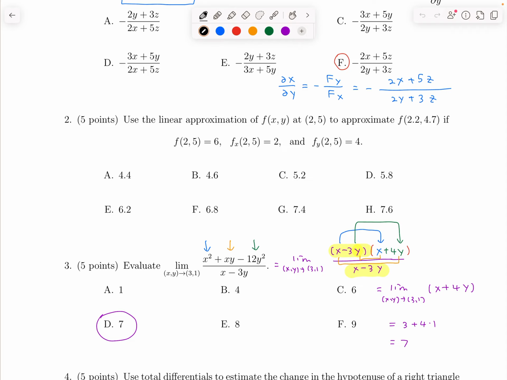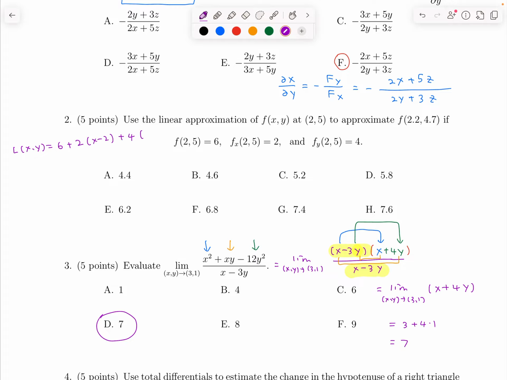First, I want you to write down the linear approximation. The linear approximation right here should be 6 plus 2 times x minus 2, and then plus 4 times y minus 5.